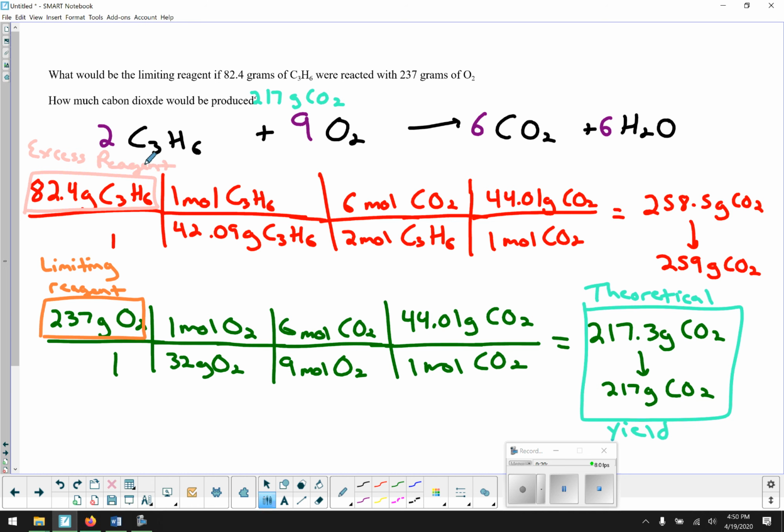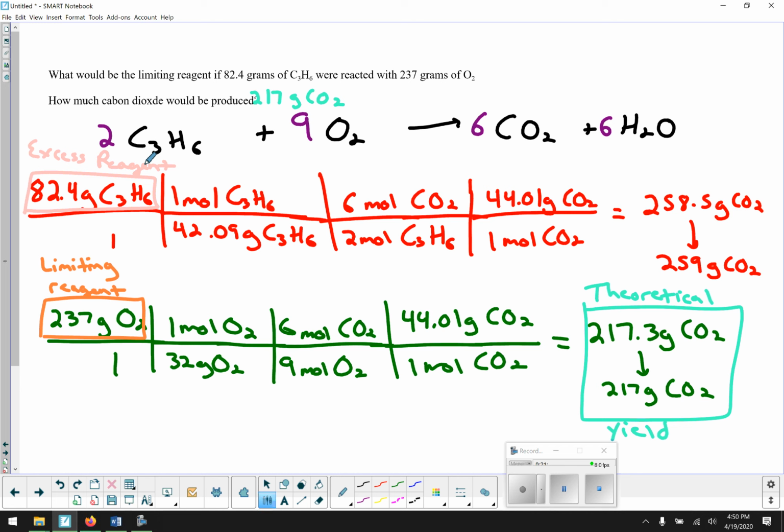So one thing to notice, for a lot of them, it just seems like you take the bigger number, you go, okay, that's going to be excess. I have more of it. And sometimes that works and sometimes it doesn't, but you can never count on it. Here, we had only 82 grams of propene, but we had 237 grams of oxygen.